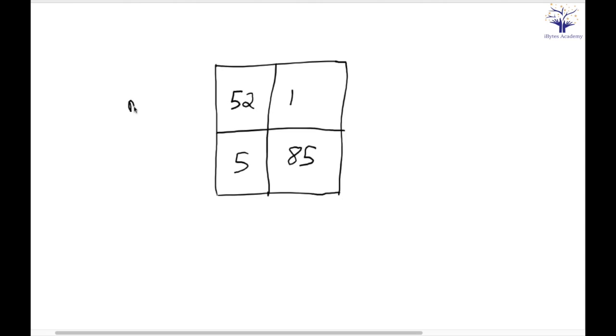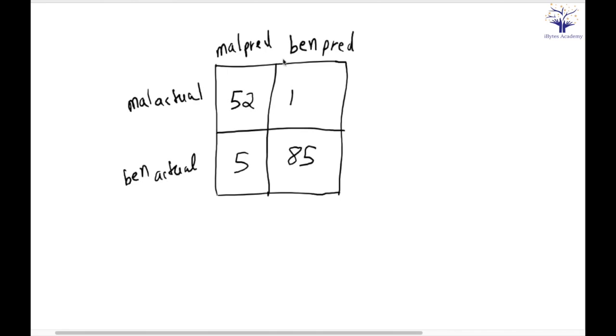So this is my malignant actual. This is my malignant predicted, benign actual, and benign predicted. This means that out of those testing data points, 53 actually belong to the malignant category.